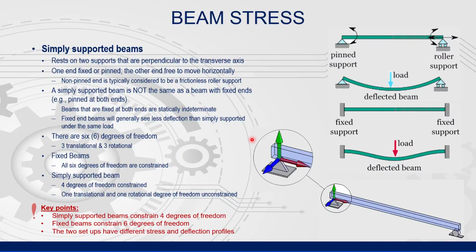It also cannot translate in the Y or the Z axis, but it can rotate about the Z axis, and it can translate at one end in the X axis. In contrast, the fixed beam support cannot translate or rotate about any axes. It is constrained in all 6 degrees of freedom.